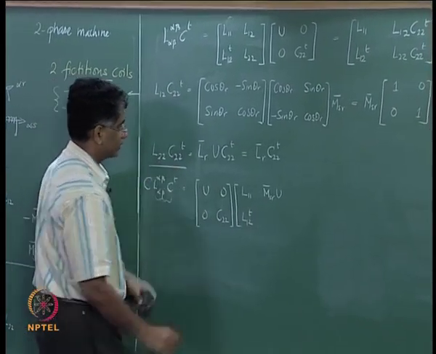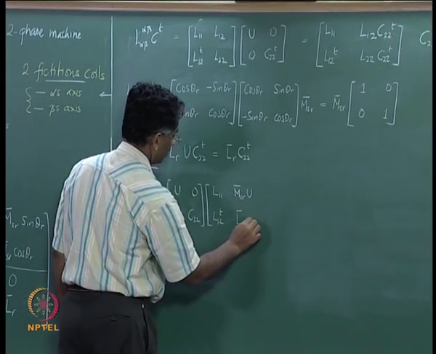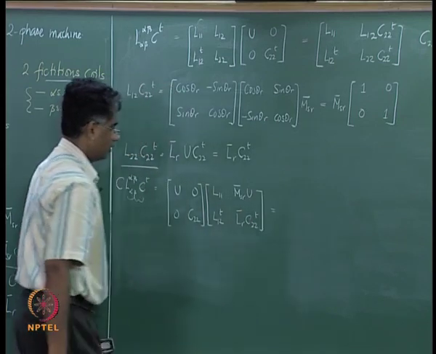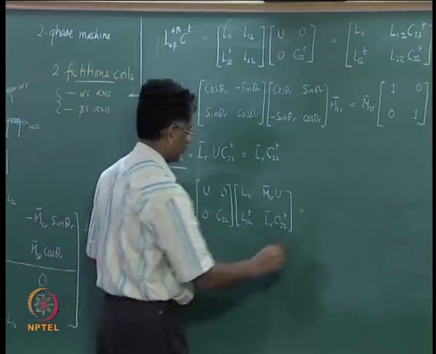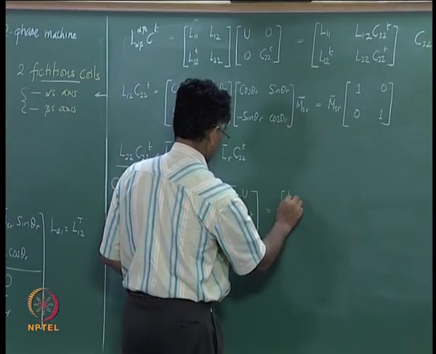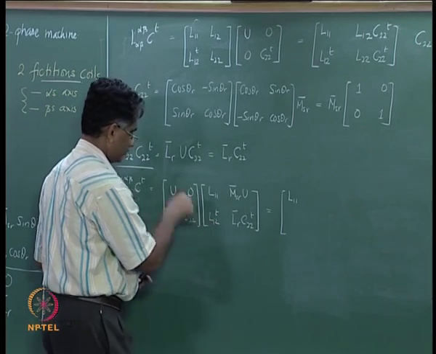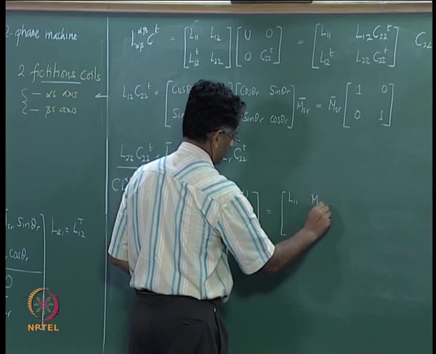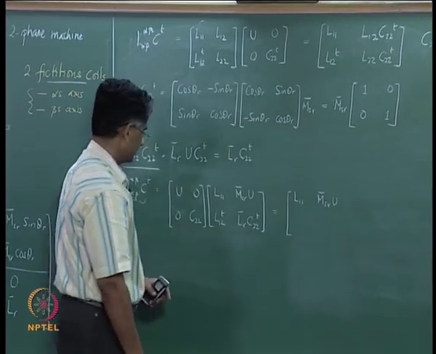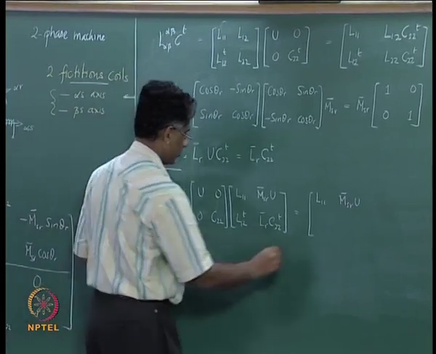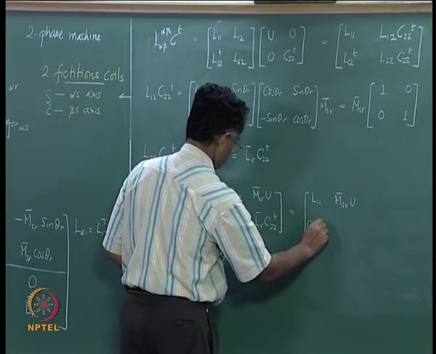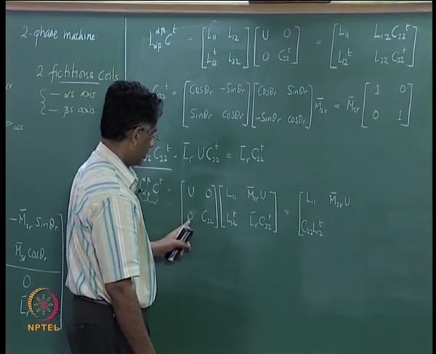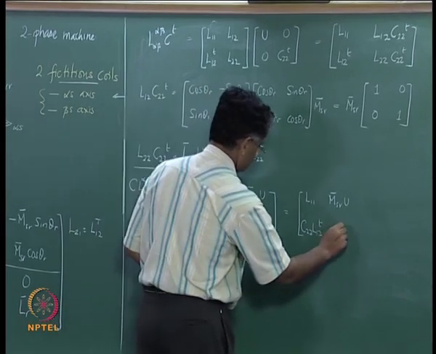L22 C22 transpose is nothing but LR bar into C22 transpose. If you multiply this, the first term reduces to L11, the second term reduces to MSR multiplied by identity matrix, the third term reduces to C22 into L12 transpose, and the fourth term here reduces to C22 LR C22 transpose.